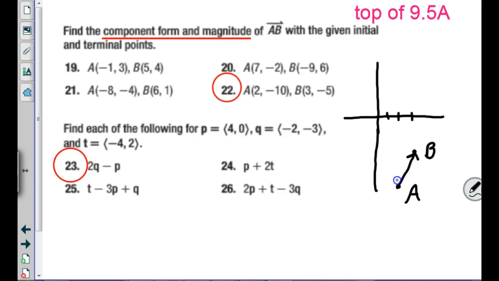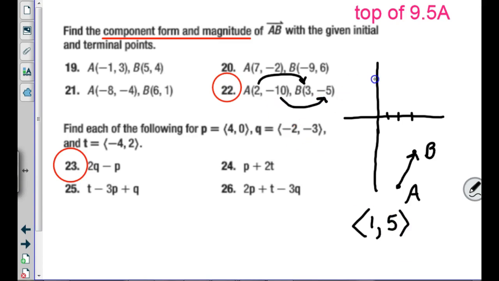Does anybody remember the rule for finding the components given the ordered pairs? How did it get from 2 to 3? Okay, it went to the right one, but same thing, right? It increased by 1. And from -10 to -5? Yes.